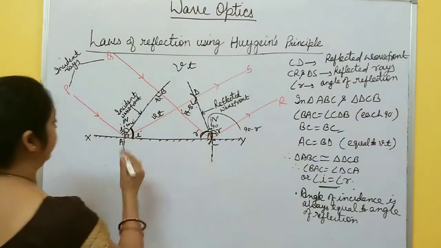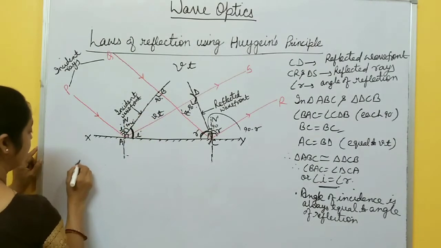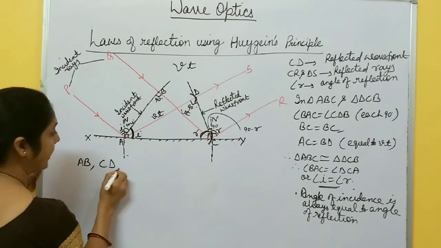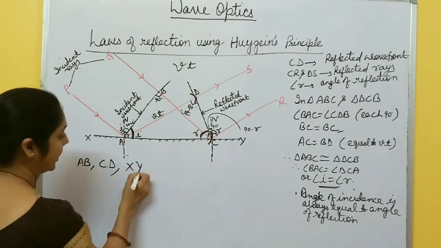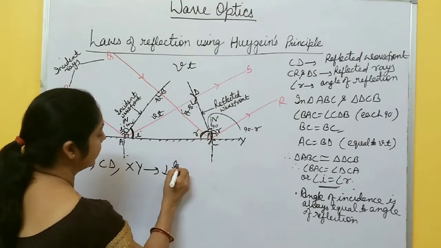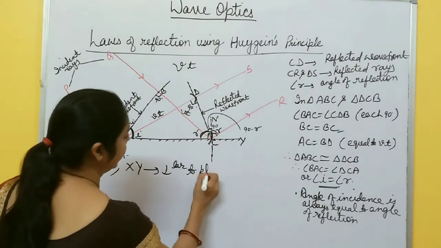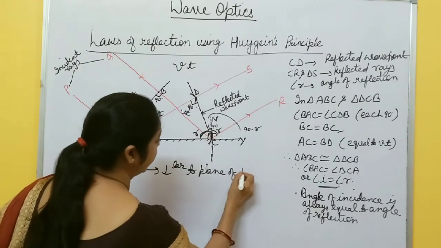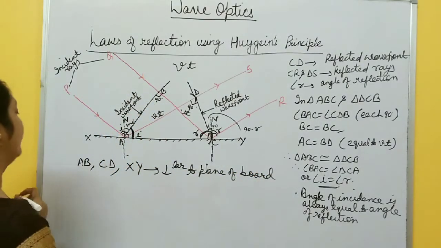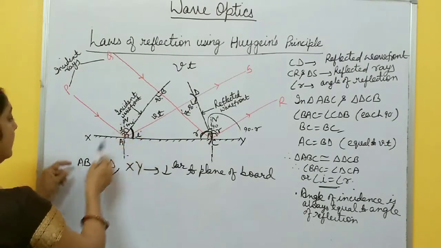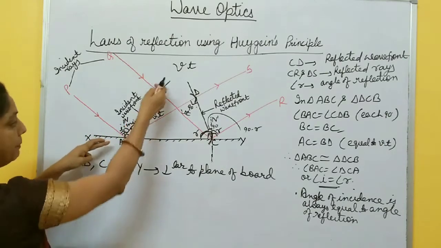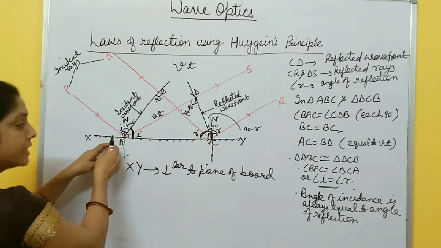Right, here this AB incident wavefront, CD reflected wavefront, and XY reflecting surface, all are perpendicular to plane of, here I am writing board, you write plane of paper, right? And you know that if AB is incident wavefront, then this PA perpendicular to this incident wavefront is incident ray.